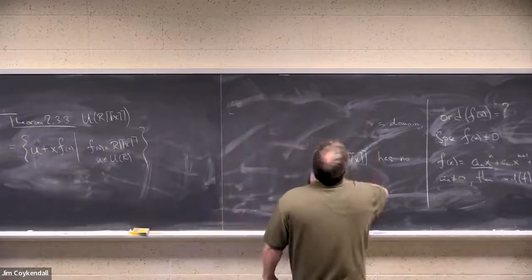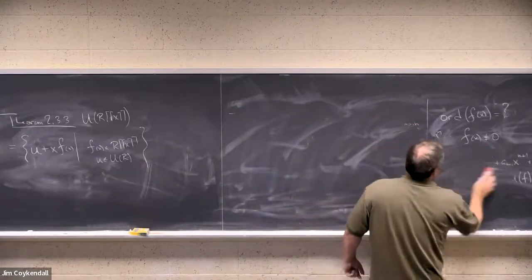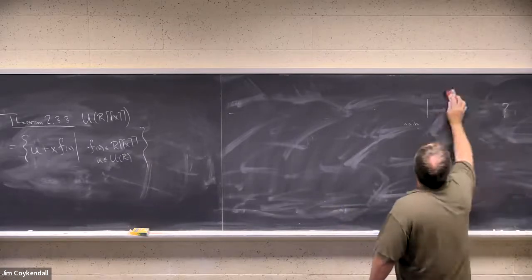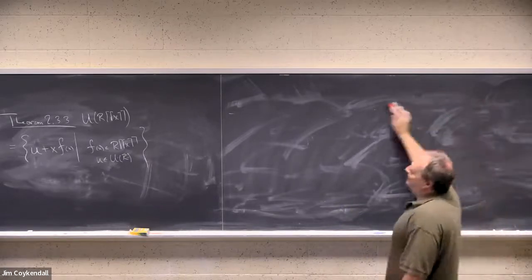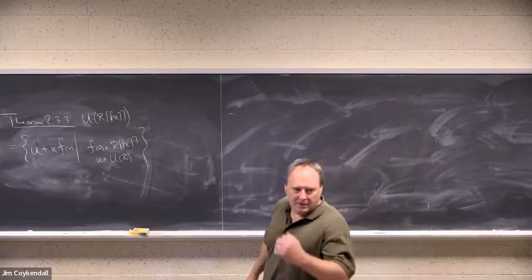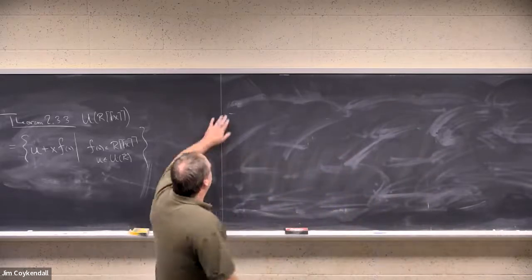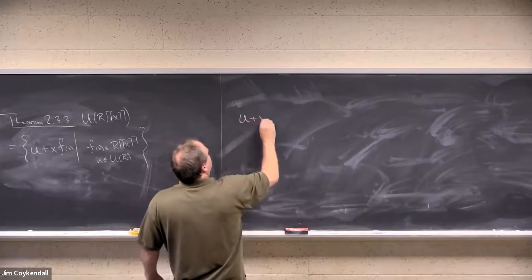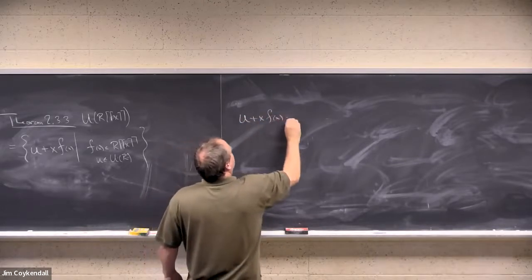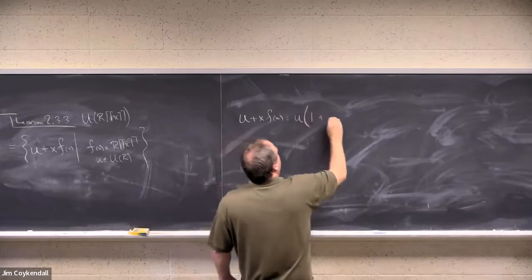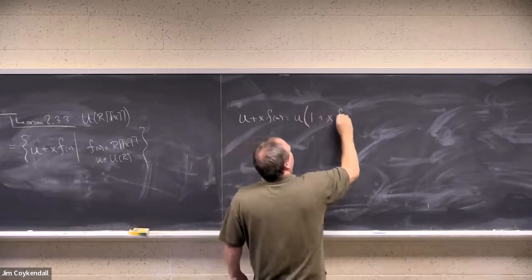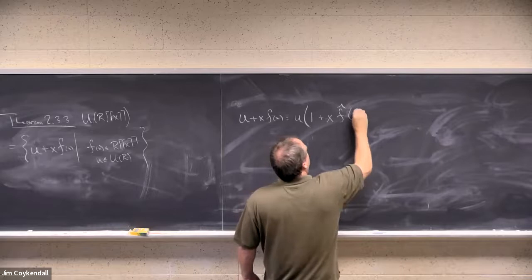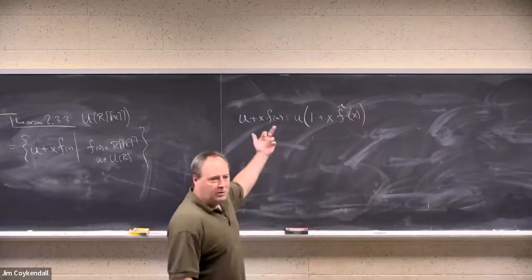Let me give you a sloppy proof of why this is true. I call this high school division, sort of, and this is what makes power series different. If you have U plus X f(X), you can factor this as U times 1 plus X g(X), just by pulling the unit out of everything.